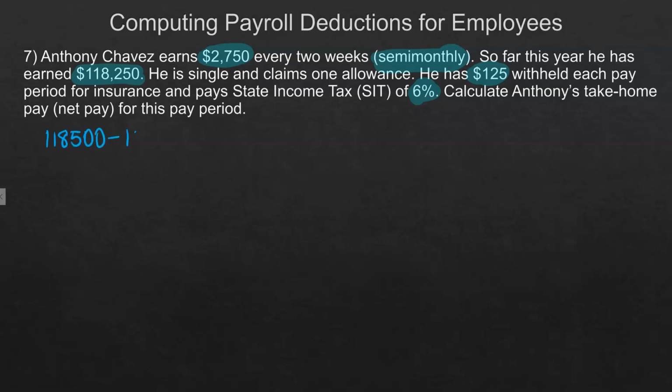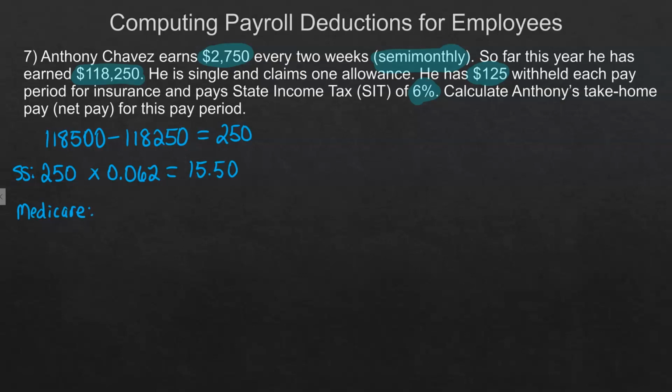So first of all, to do the Social Security, we see that he has to pay Social Security on just $250. So that's times 0.062. And so Social Security is going to be $15.50. And then Medicare is on his full gross pay, right?